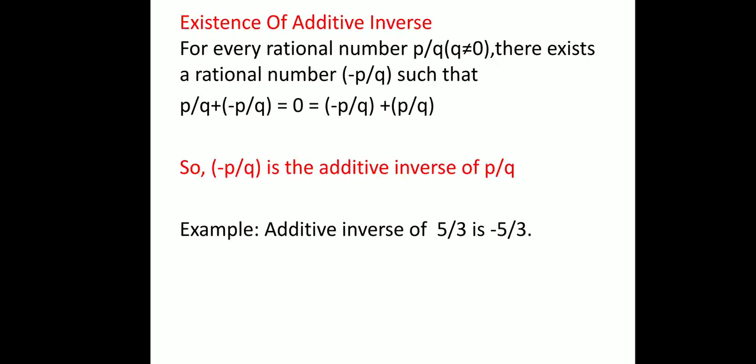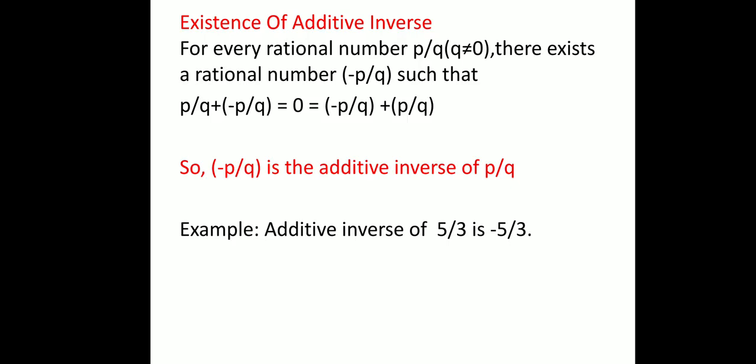Now, existence of additive inverse. As we have understood that 0 is known as the additive identity, now using that concept, I need to find out the additive inverse of a rational number. How to find out the additive inverse of a rational number? For every rational number p by q, q should not be equal to 0, there exists a rational number minus p over q such that if I add those two rational numbers, the answer comes out to be 0.